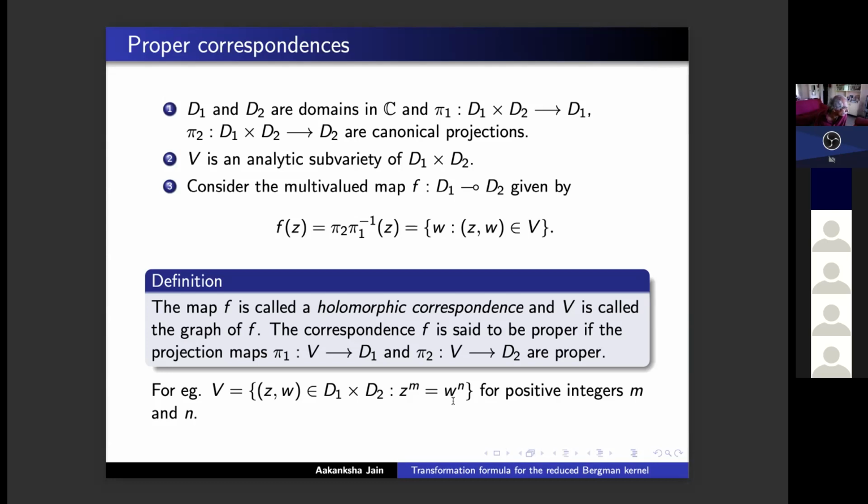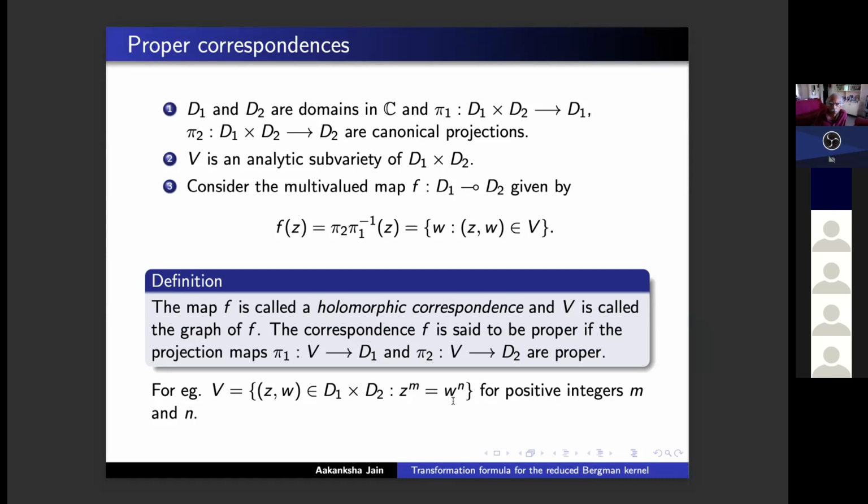I know there is a result in Chirka's book, which will then give us examples of V which are much more sophisticated than this example. And I think all of your machinery will go through.